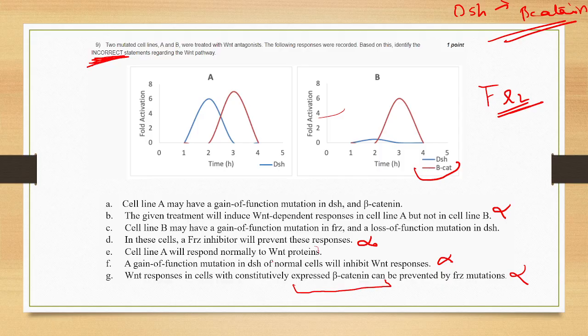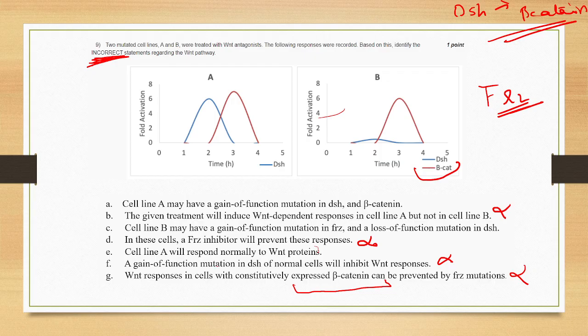Then a gain of function mutation in disheveled of normal cells will inhibit Wnt response. So when your Wnt response is inhibited, when your beta catenin is degraded. So gain of function mutation in disheveled means, the function of disheveled is to prevent beta catenin from degradation. Gain of function means now disheveled can even more strongly prevent the beta catenin degradation. There are two kinds of mutations: gain of function mutation and loss of function mutation.